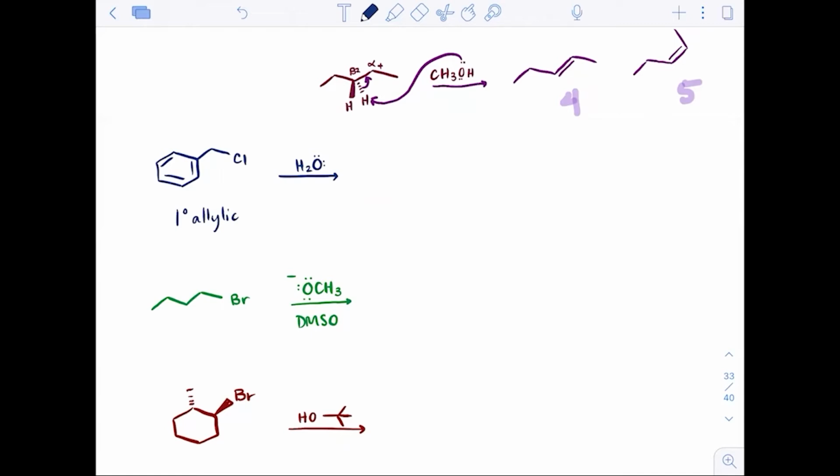Primaries don't have a lot of steric hindrance because this is primary with the allylic nature with a pi bond adjacent. We could also imagine that that could form a stable carbocation. So looking at our reagent over the reaction arrow, this is a weak nucleophile. So it can either do SN1 or E1.